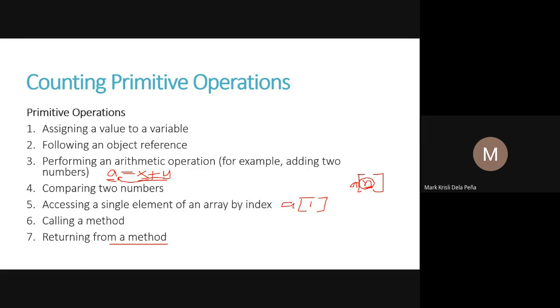Formally, a primitive operation corresponds to a low-level instruction with an execution time that is constant. Ideally, this might be the type of basic operation that is executed by the hardware, although many of our primitive operations may be translated to a small number of instructions.